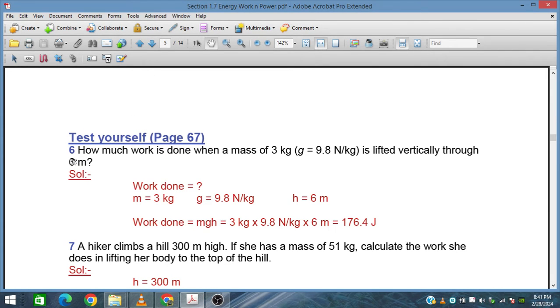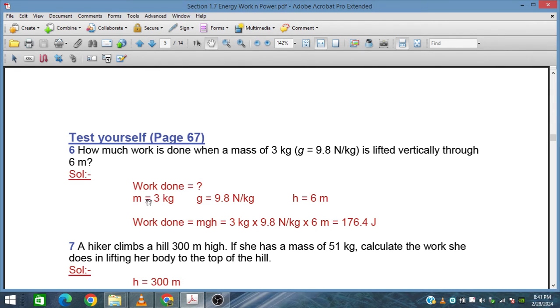Test Yourself, question number 6. How much work is done when a mass of 3 kg, with gravity 9.8 newtons per kilogram, is lifted vertically upward through a 6 meter height? We have been asked to find the work done.